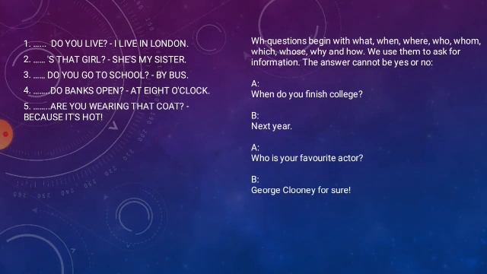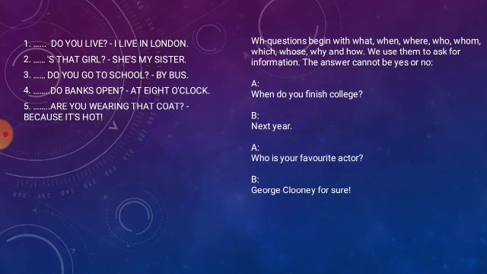So when you want information, then you ask WH questions. When you want a yes or a no for an answer, then you use question tags in order to ask questions. So students, you can look for more information in your textbooks.